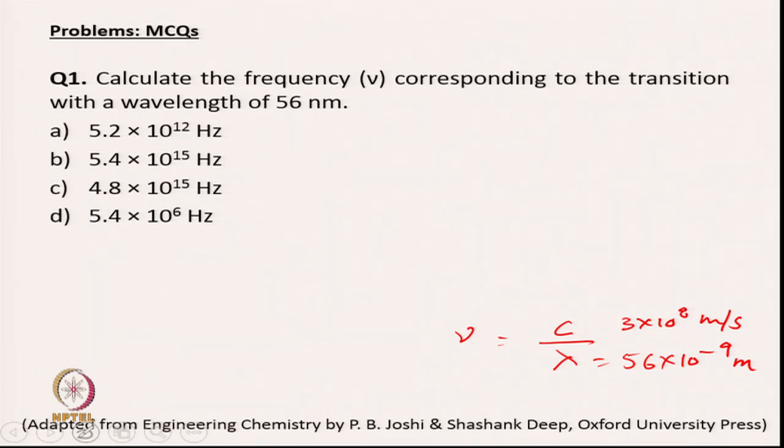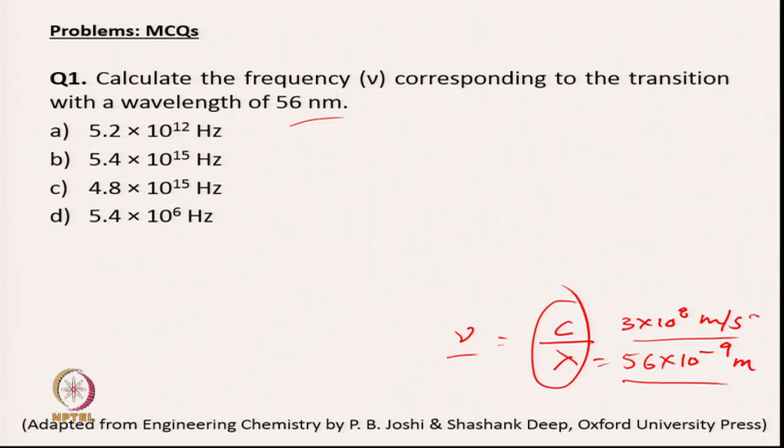First question is quite easy, that tells you about frequency if wavelength is given. Calculate the frequency corresponding to the transition with a wavelength of 56 nanometer. We know that frequency is equal to c by lambda, where c is the velocity of light and lambda is the wavelength. Lambda is given, it is 56 nanometer, which means 56 into 10 to the power minus 9 meter.